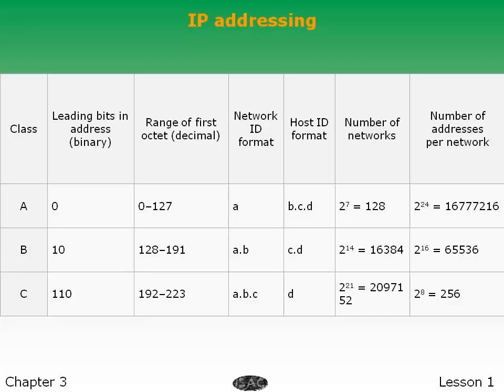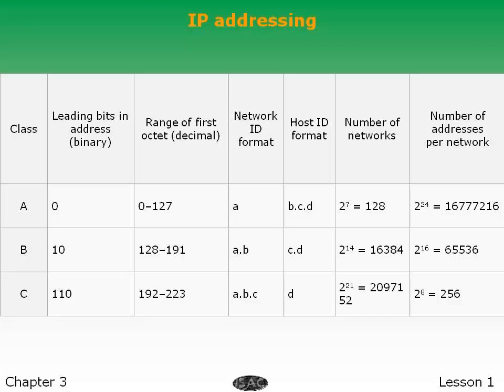The remaining 2 octets will be used for the host. Thus, we will have approximately 16,000 networks and 65,000 addresses per network.